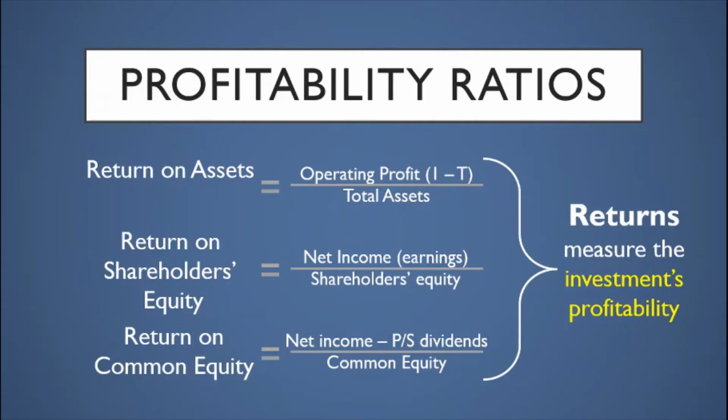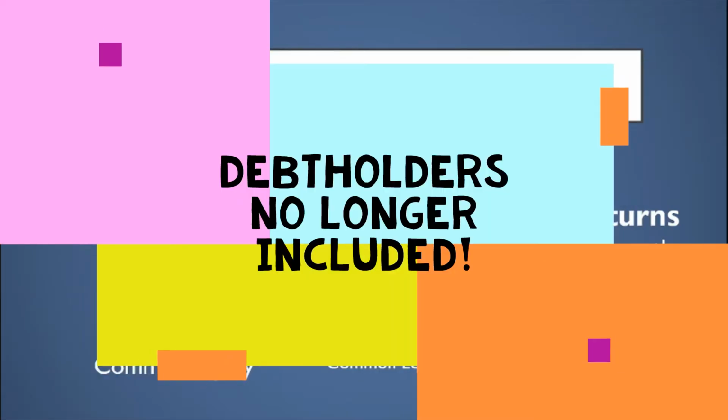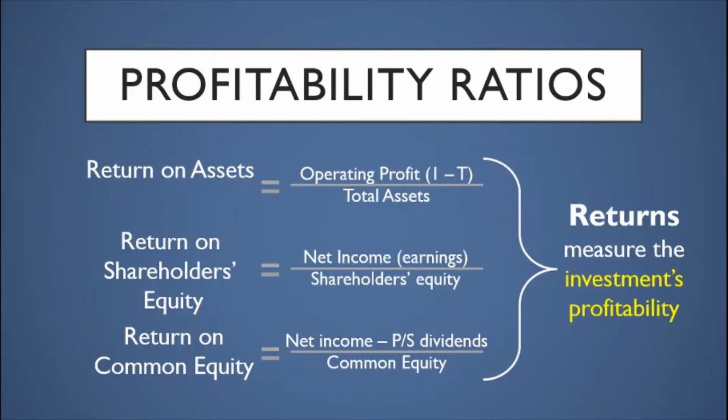As for the return on shareholders' equity, it will be the net income or earnings that will be the relevant profit figure. This is because the denominator is only the shareholders' equity. The shareholders' equity participants would receive the net income after interest and taxes.